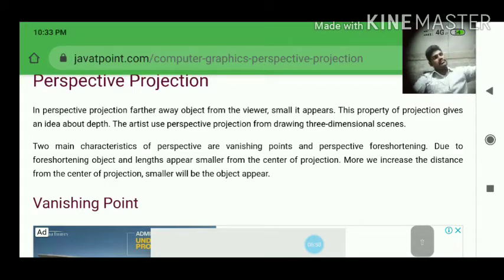When he looks at that particular object, he couldn't see every angle, every length, every side, every size, every width of that object. He couldn't see. So that person is unable to see all the sides of that object. What is that? Length, breadth and height.